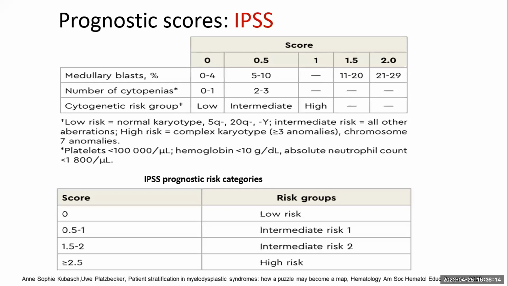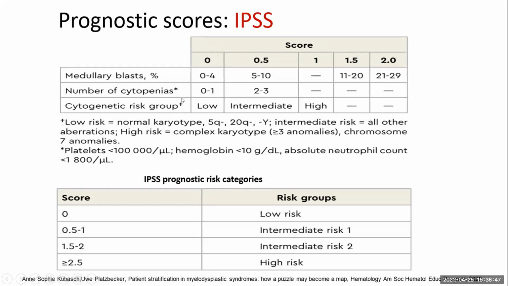You would notice that the IPSS scoring system also had a score of 2 for patients with a blast count of 21 to 29, and a score of 1.5 for those with a blast count of 11 to 20. But we know that by today's definition of acute myeloid leukemia, these patients would not be classified as MDS, but rather acute myeloid leukemia. So that is one drawback of this scoring system, but we'll look at that later on.